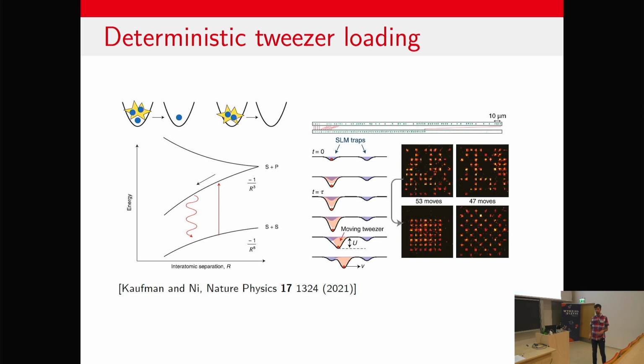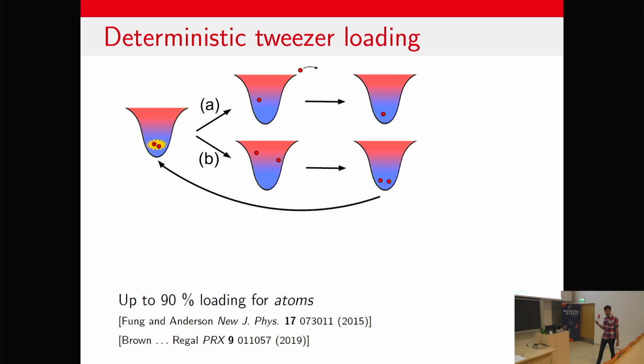So the idea of the deterministic loading would be that you eliminate this 50-50 loading of single atoms or molecules, and you want to do this with 100%, let's say, maybe 90-something, but with very high probability. For atoms, you can do this because the only collisional process is this light-assisted collision that I mentioned briefly.